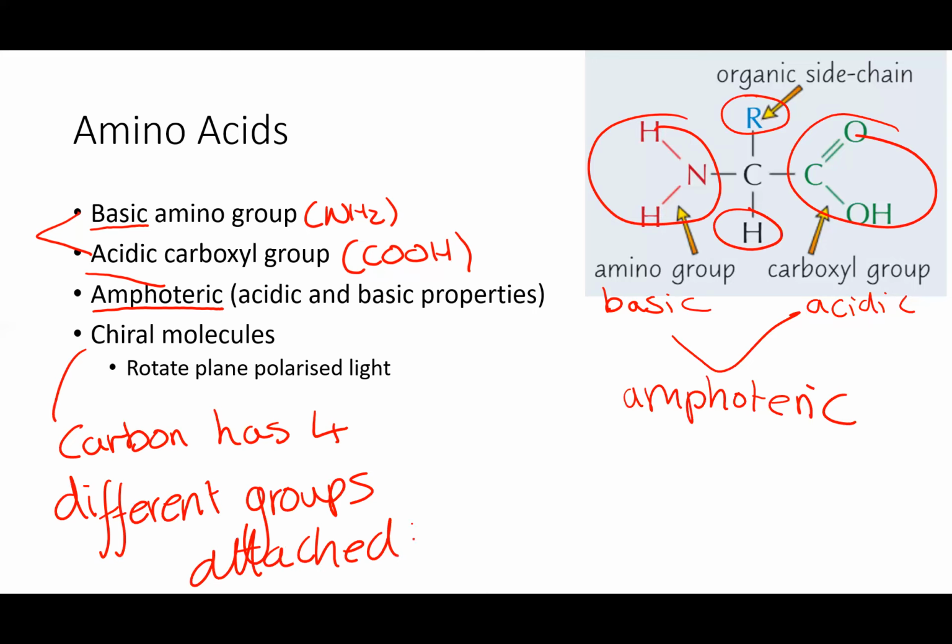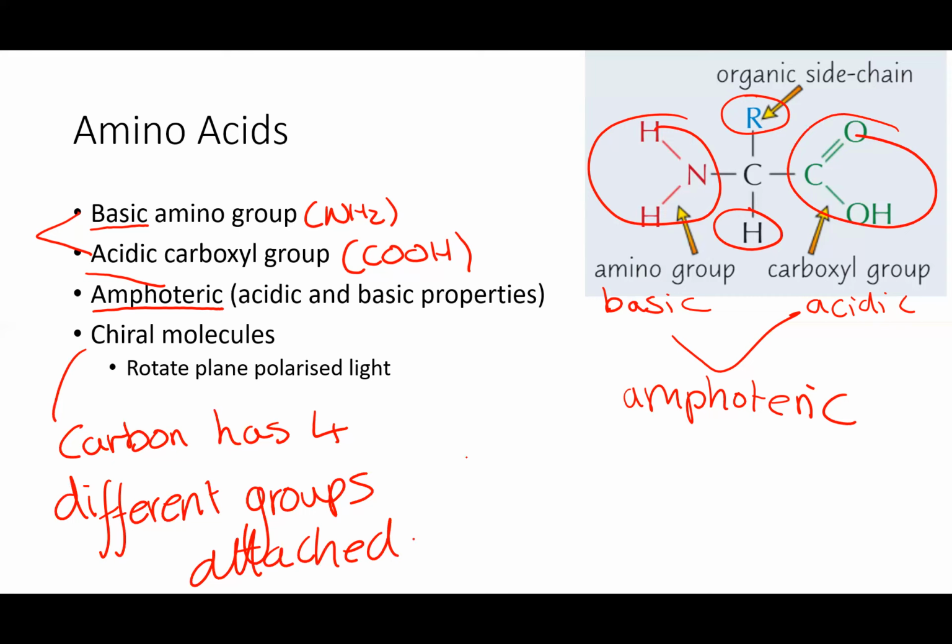So a solution of a single amino acid enantiomer, a word that I always struggle with, will rotate plane polarized light. We have an exception, which is glycine.